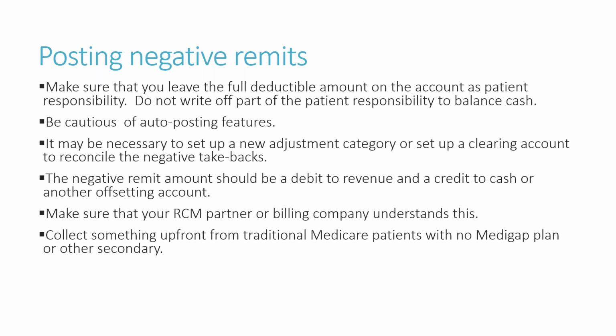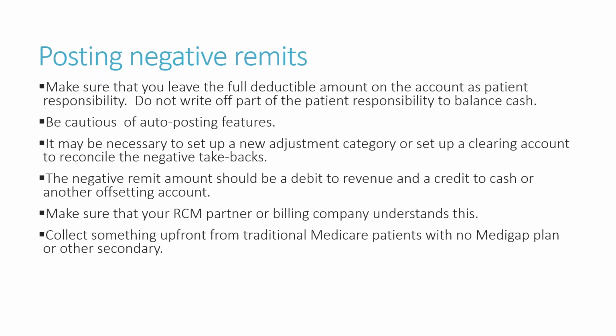So whatever adjustment that you make for the negative remit, it's going to be made outside of the patient account level. So I hope that makes sense. It's not going to be an adjustment that hits that patient account on an individual basis.